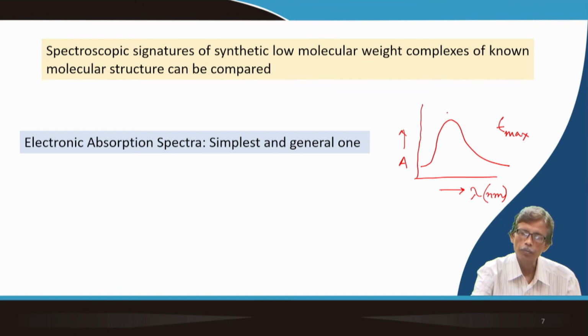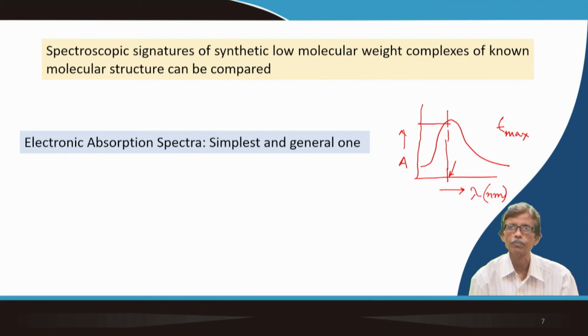At the maximum point, this is your lambda max value, and from the absorbance you find out the corresponding epsilon max value. So, that basically gives us two quantities for characterizing that particular sample, whether you have red colored methyl orange or methyl red, or the red color in your blood. So, the red color of your blood, how to quantify?